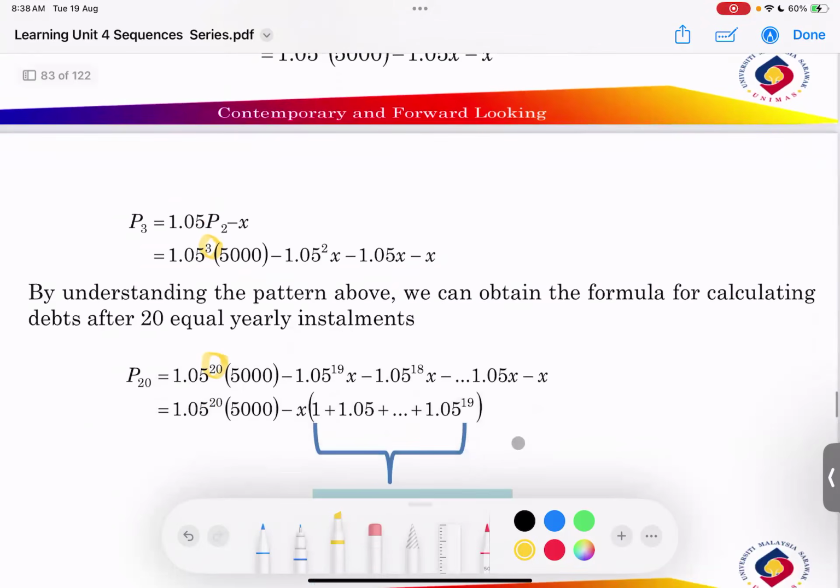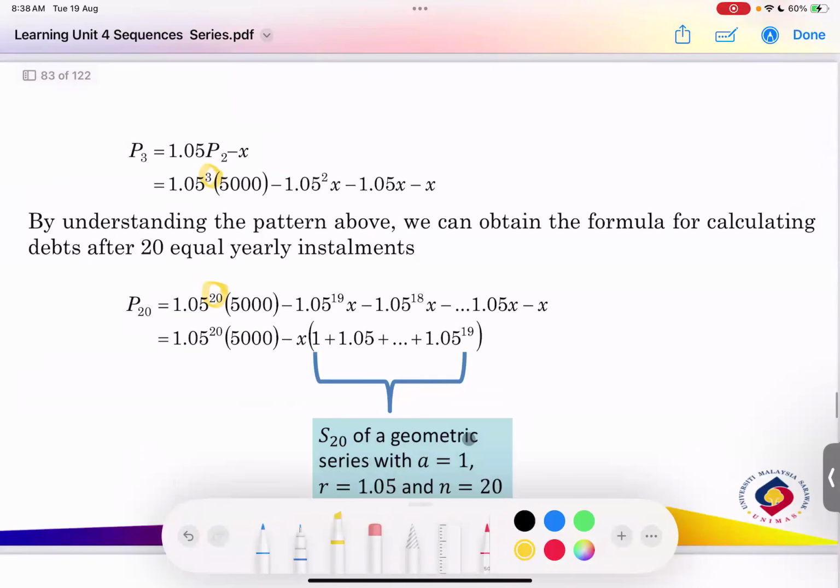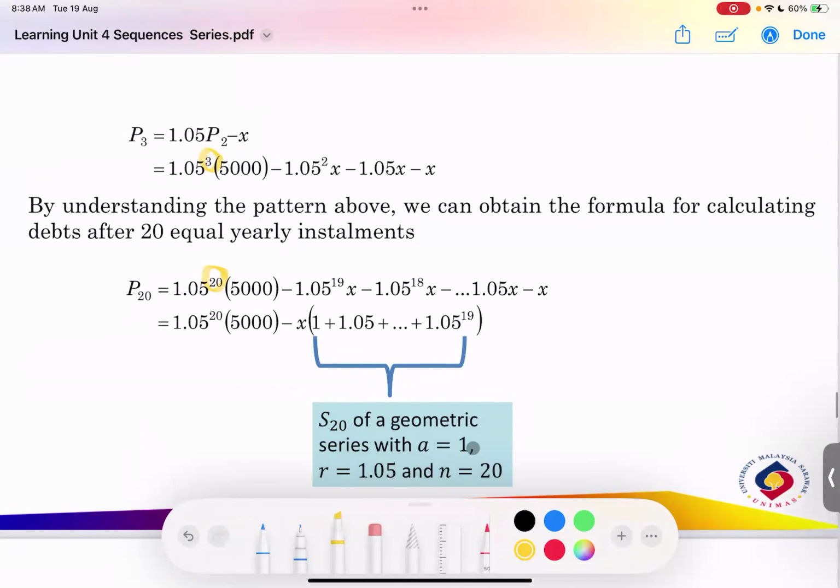Finally, we conclude that S20 of a geometric series with a equal to 1, r equal to 1.05, and n equal to 20. So from this example, you need to know that this will be the formula that you generate for 20 equal yearly installments.